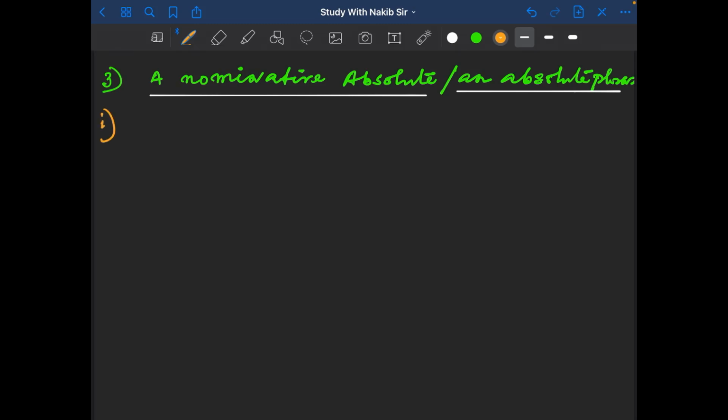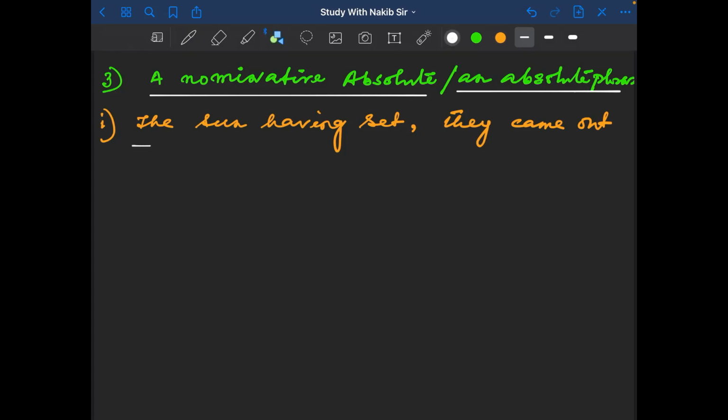The sun having set, they came out. They came out. You know, the sun having set, this is an absolute phrase, and the sun is called the nominative absolute, and they came out.